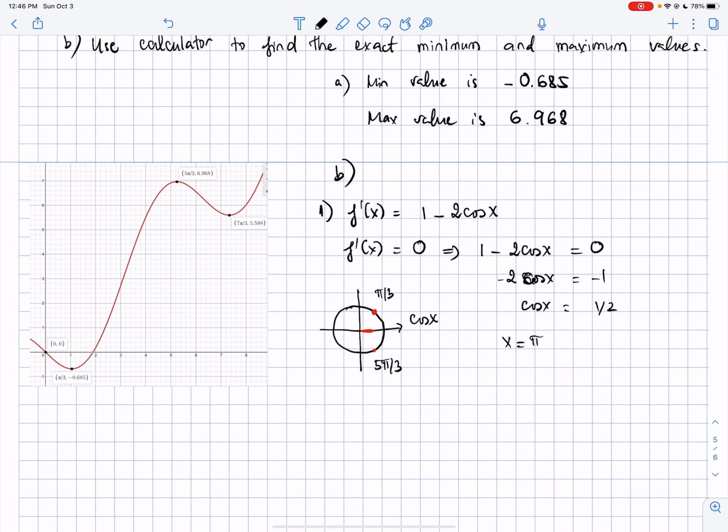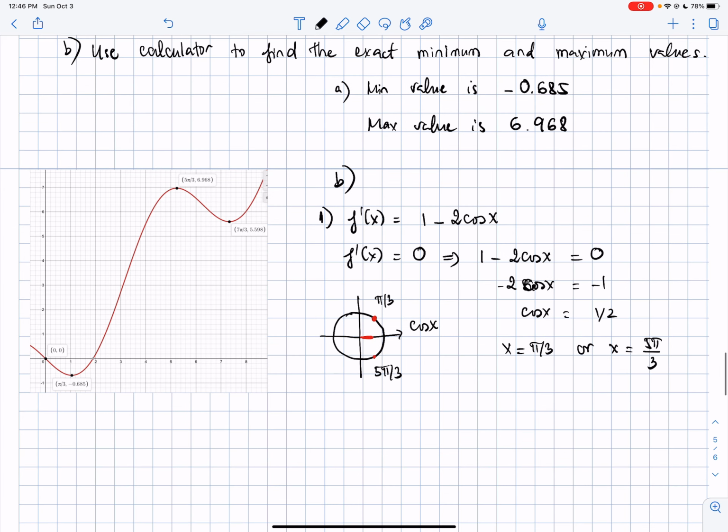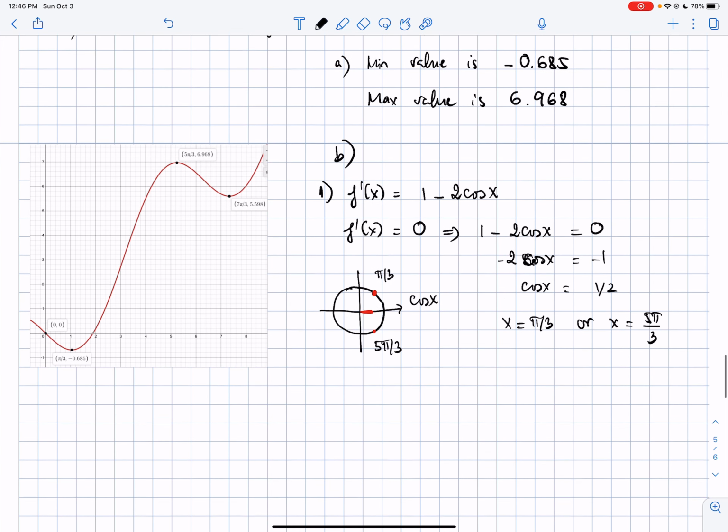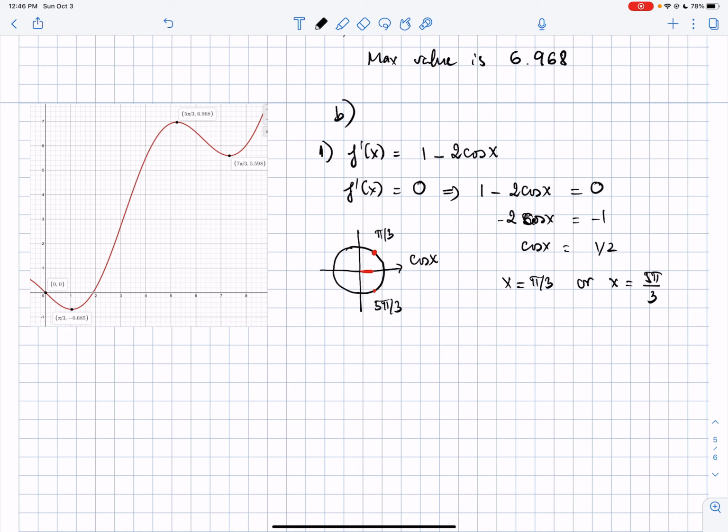So x equals pi over 3 or x equals 5 pi over 3. We do not need to add more 2 pi periods because we are working on the first circle only, from 0 to 2 pi only. Okay, so that's it for step 1.